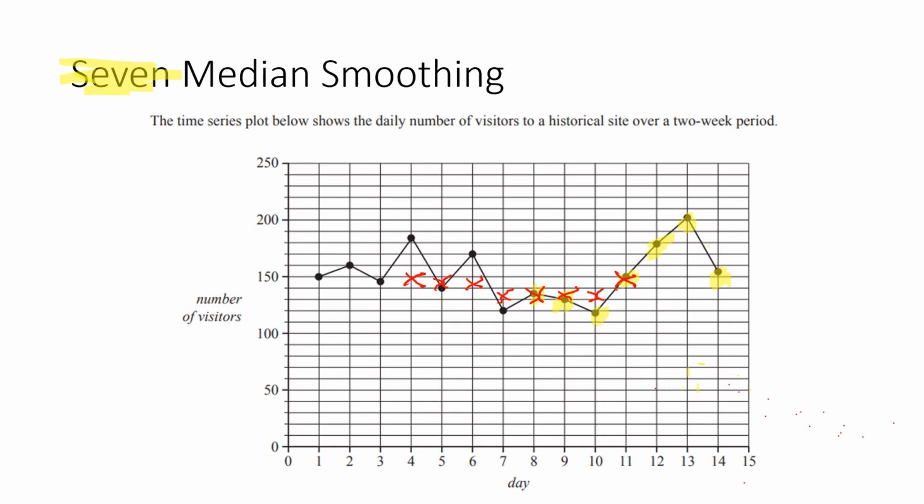I'm just going to clean that up. And you can see it's quite smooth, the data. And so you can just join them up. Again, please use a ruler and come up with something neater, but it's smoother, but it's shorter. And that's the problem with smoothing.